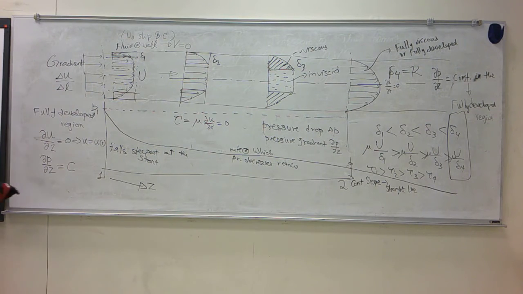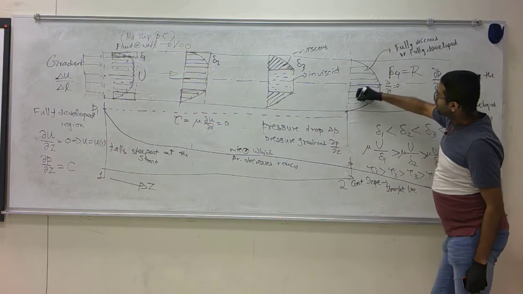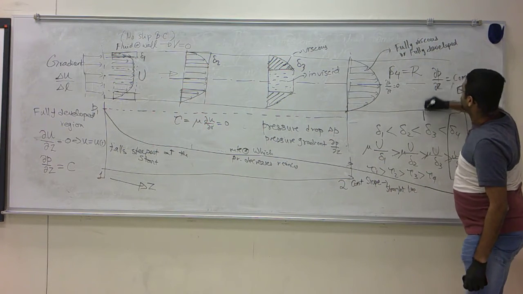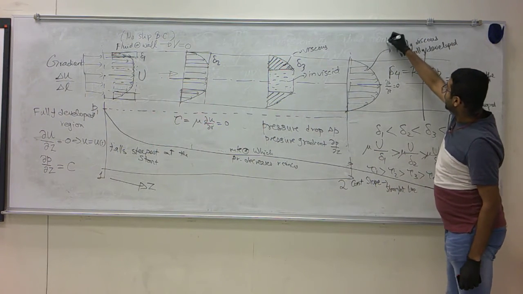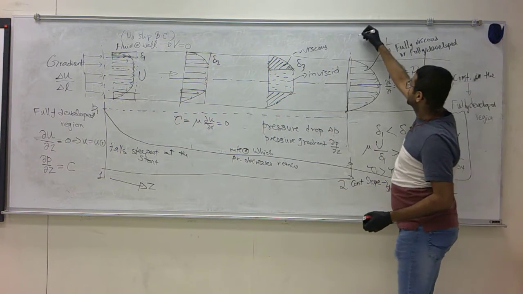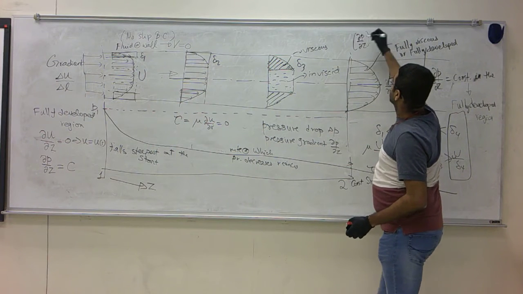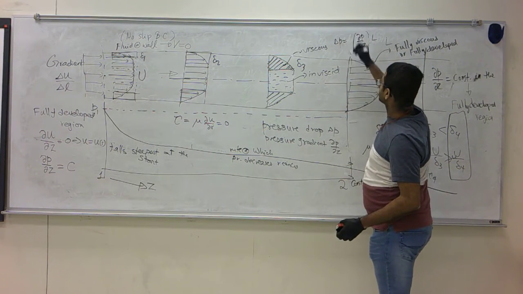It falls at a constant rate, meaning if you consider from this length to this length, let's say this L here, over this length, whatever the pressure gradient is, dP over dZ times L, that is your pressure drop.